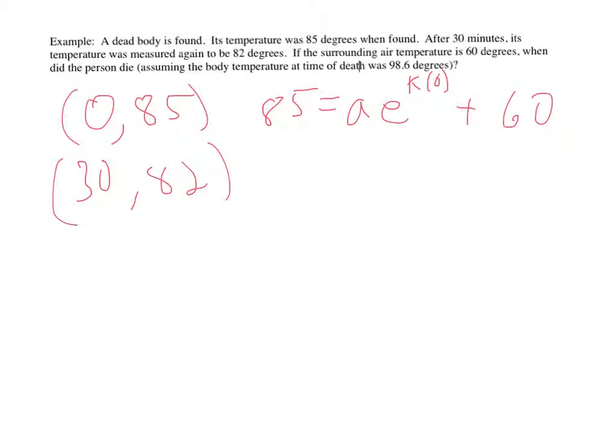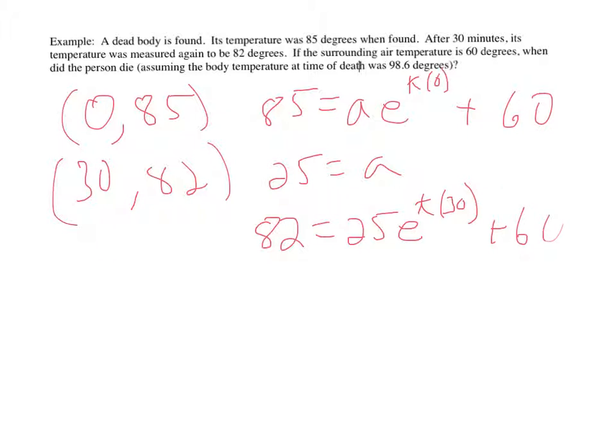That tells me that 25 is the A. Then if you use the other fact here, 82 equals 25 e to the k times 30 plus 60. So that's going to give me 22 divided by 25 equals e to the 30k.